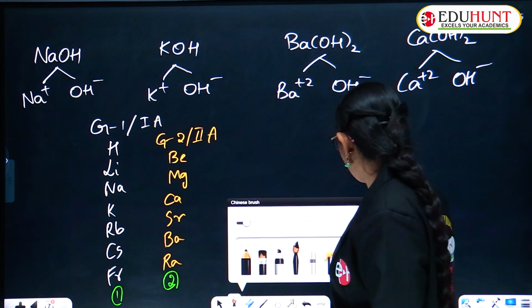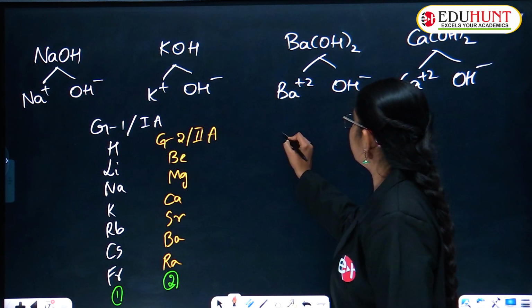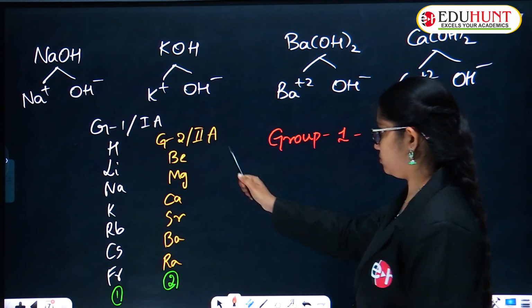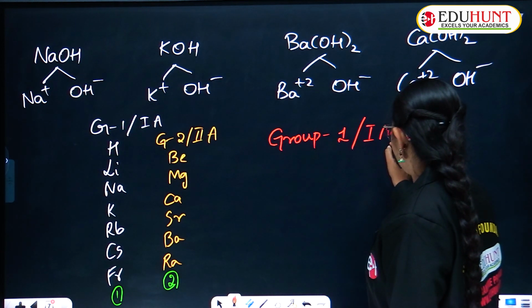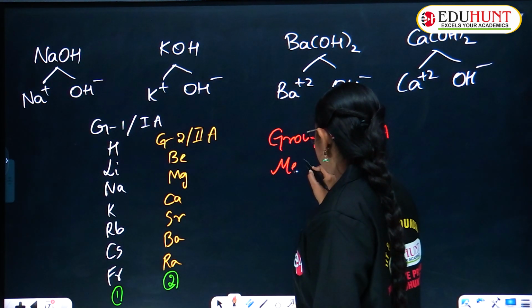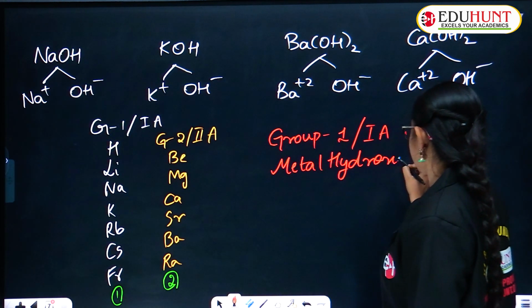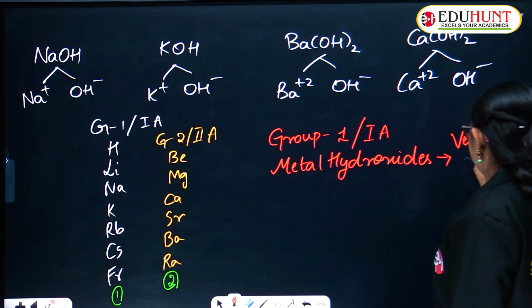One more important point to be noted is that the group 1, also called Roman number 1A, metal hydroxides are very strong bases.